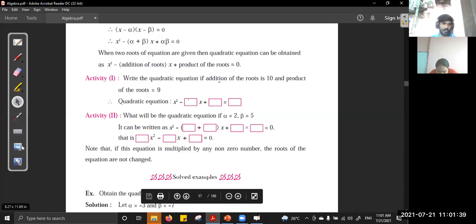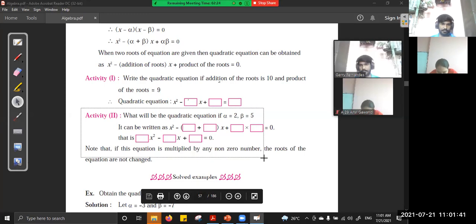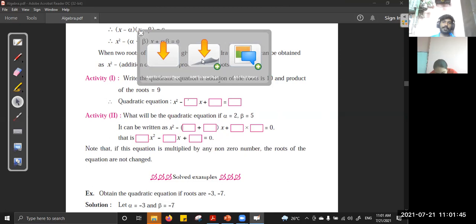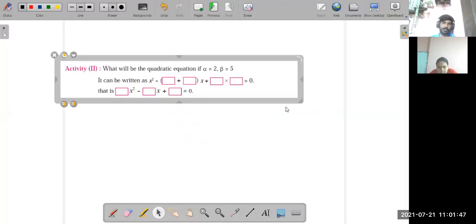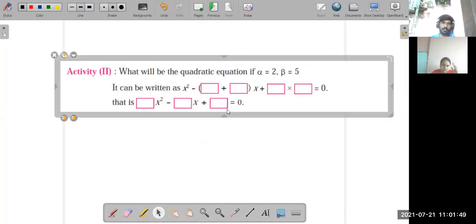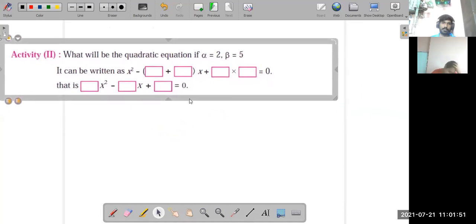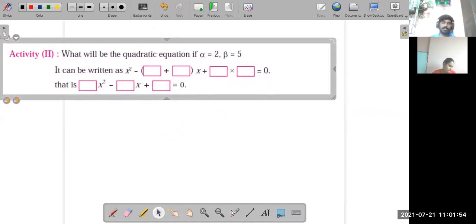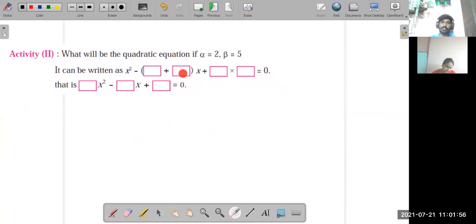Wait, I'll copy it for you. So alpha is given and beta is given. What will come here? This is the sum of roots, and this is the product of roots. So 2 plus 5, 2 into 5.